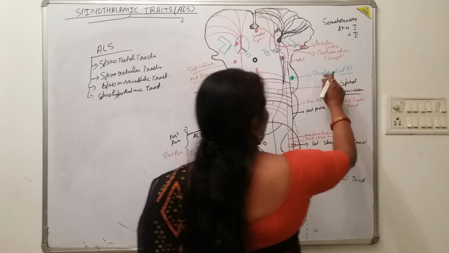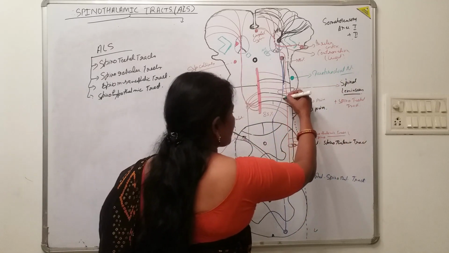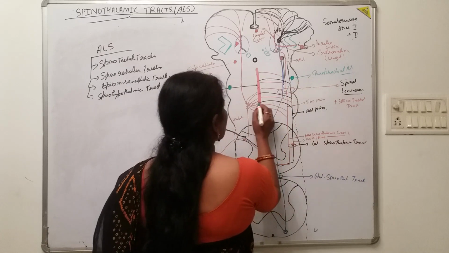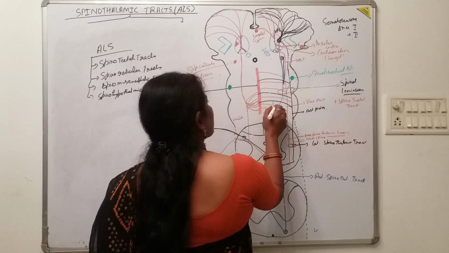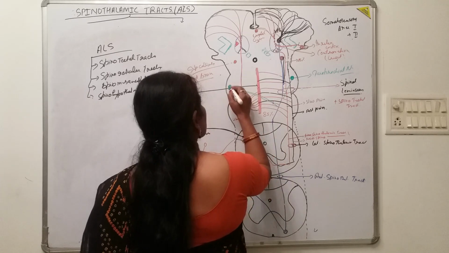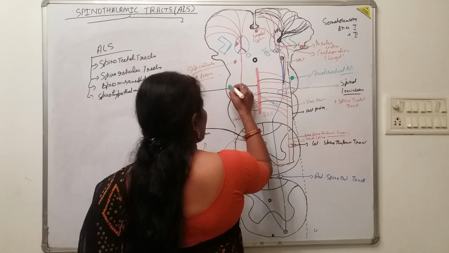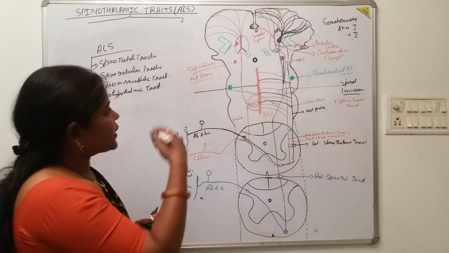What is the importance of this parabrachial nucleus? You will draw the diagram here. It receives the collaterals from the ascending pathway.